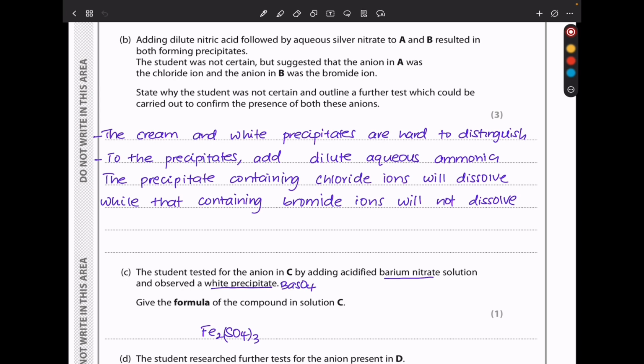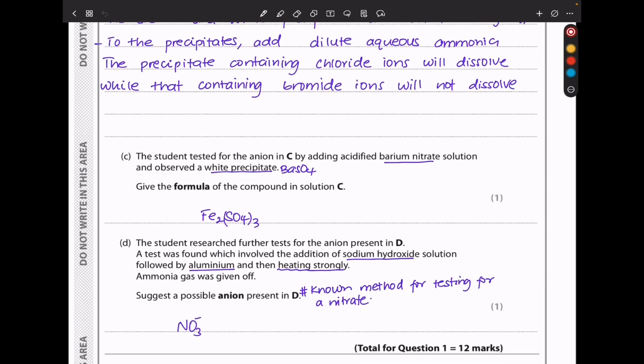The student was not certain because bromide forms cream and the chloride forms white precipitates. However, these precipitates are hard to distinguish, so to the precipitates they add dilute aqueous ammonia. The precipitate containing chloride ion will dissolve, while that containing bromide ions will not dissolve.